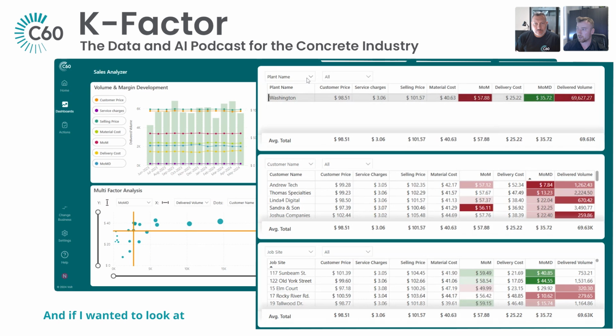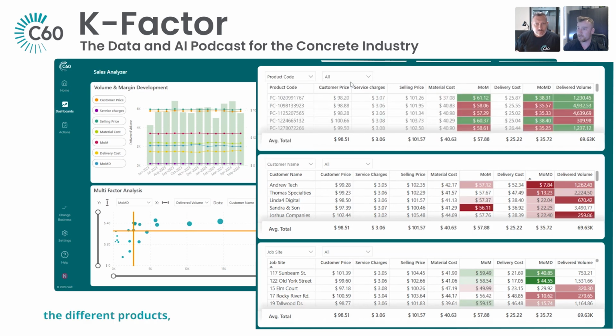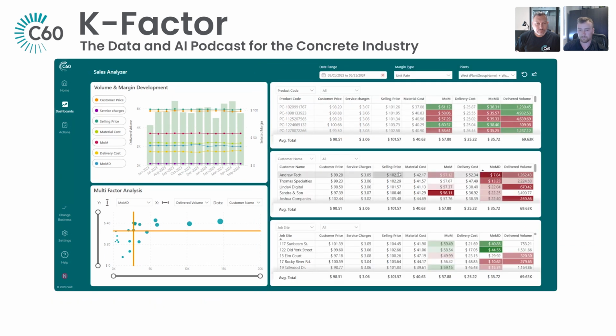And if I wanted to look at the different products, the customers, the job sites, or the market segments sold out of this particular plant, I can view that on a quick filtering of the different widgets that we have in the dashboard. And I've got this at the click of a finger, basically, is what you're saying. Yeah, not only the click of a finger, but every single day as well.